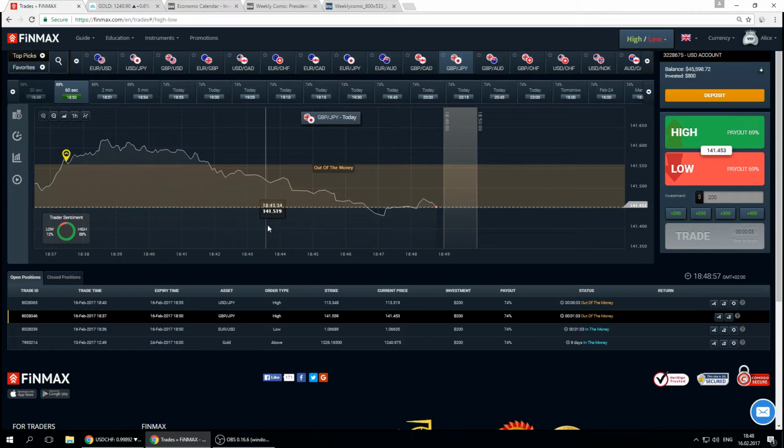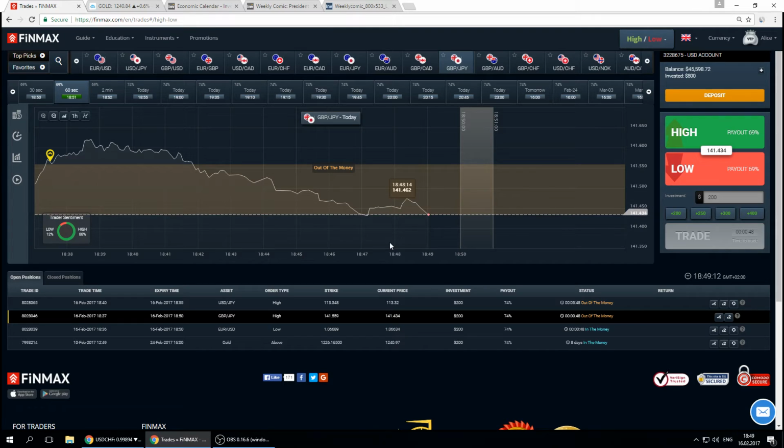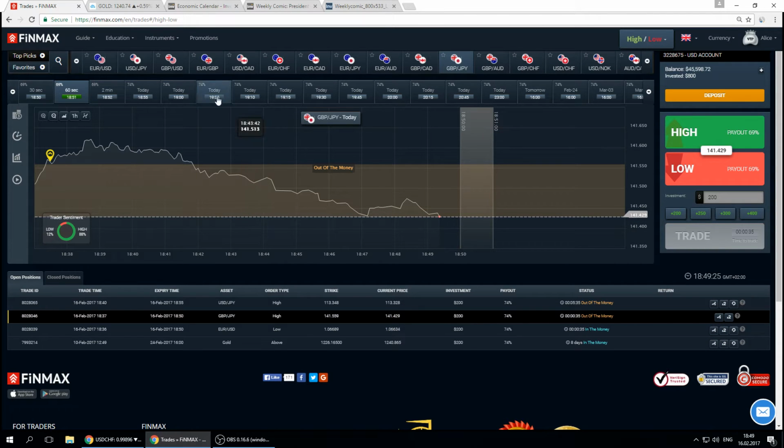Most traders have their own style of how to open the second trade, and what amount. I mean, the first trade should be opened for a certain amount, and if it expires out of the money and you are sure that your analysis, your prediction was correct, you need to cover what you lost on the first trade and make a profit.